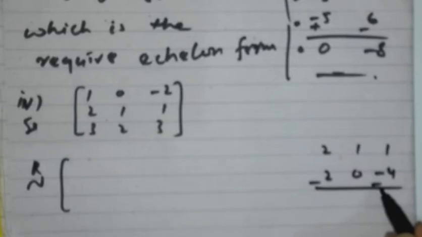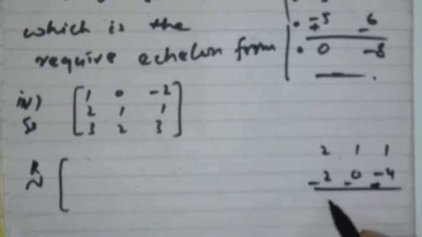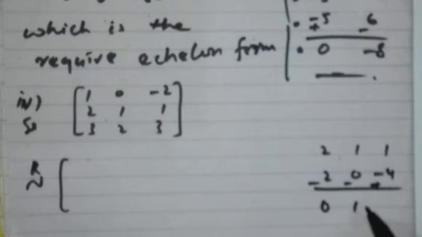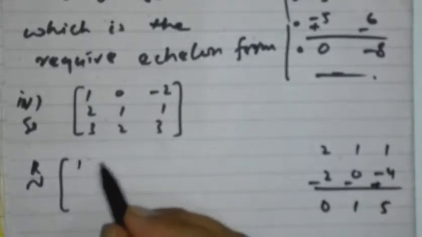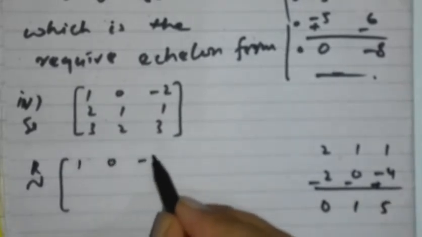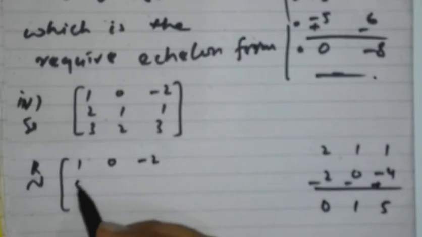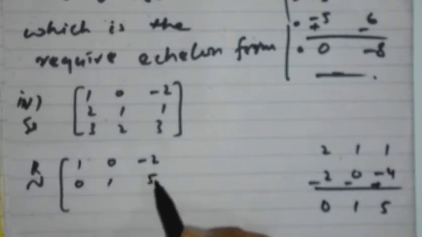Subtract it, change the sign. So here we get 0, 1 minus 0 we get 1, and 1 plus 4 we get 5. So we can write it 0 1 5.